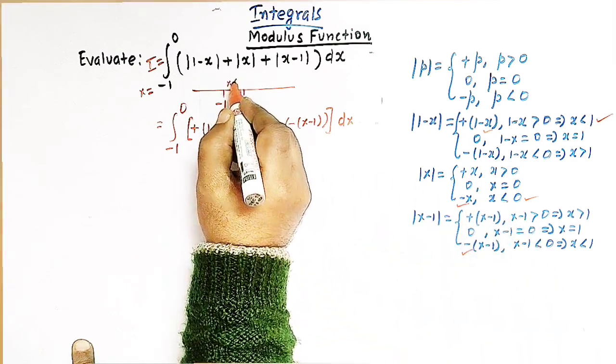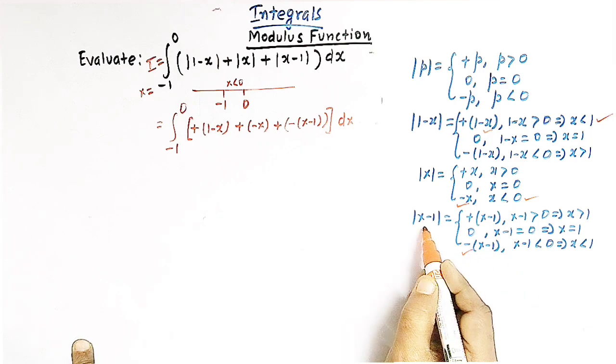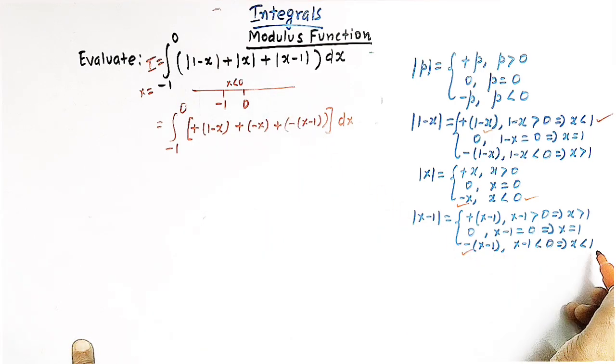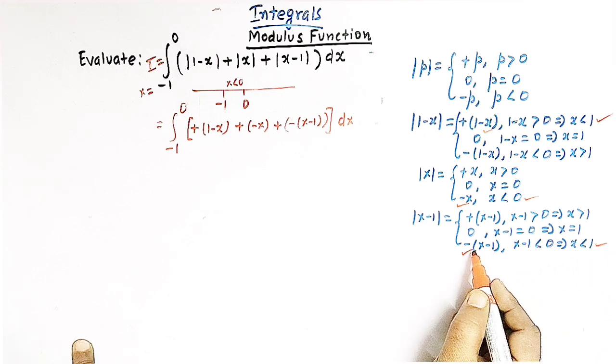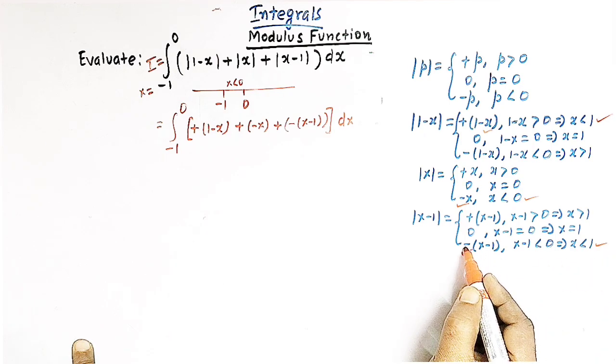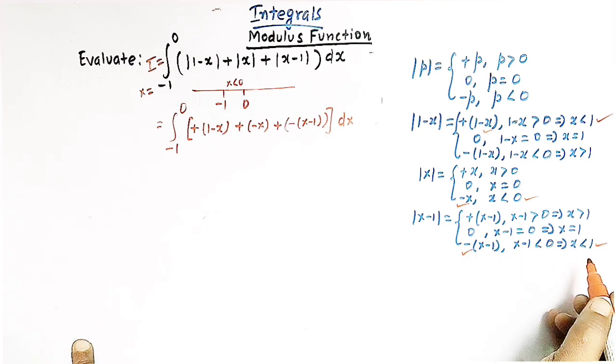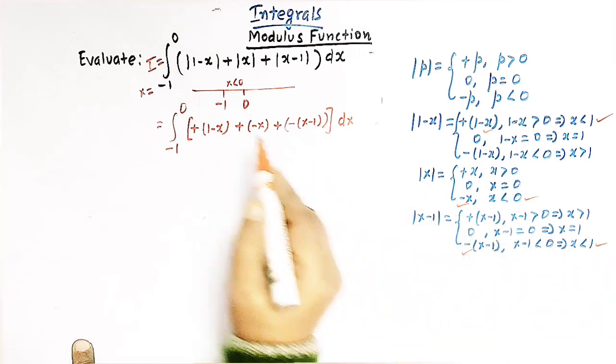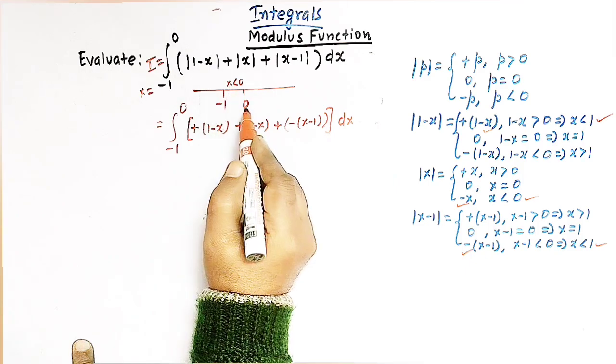So here x is less than 0. And in the third case, for mod of x minus 1, we make use of this part of the definition, that is negative of x minus 1 when x is less than 1. So obviously all the x are less than 1 when x lies between minus 1 and 0.